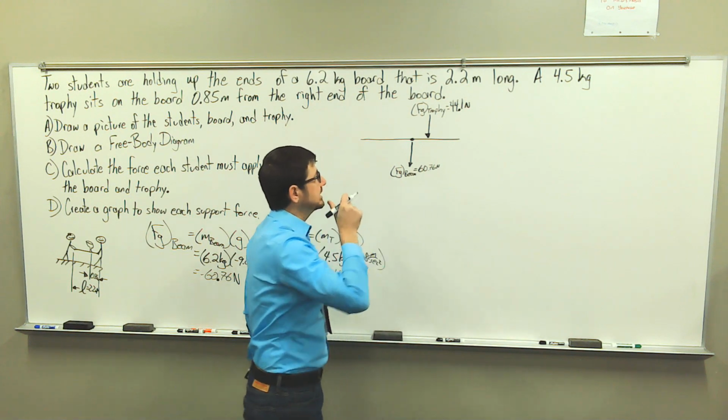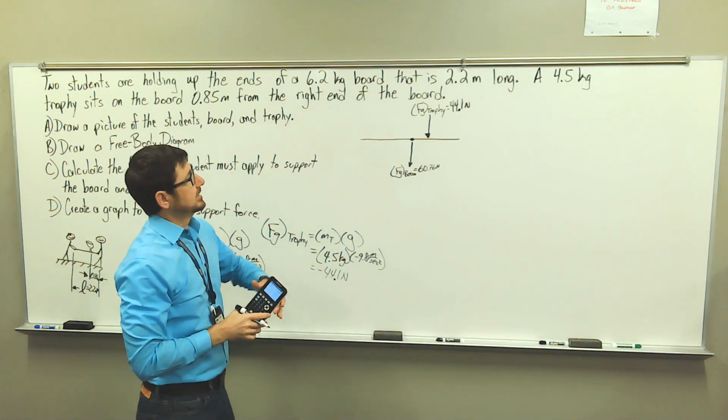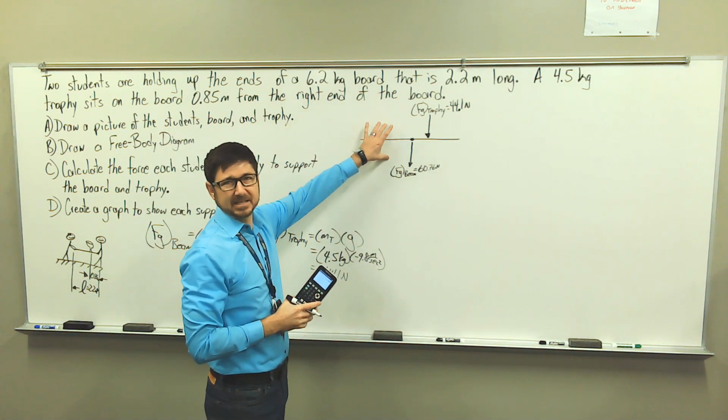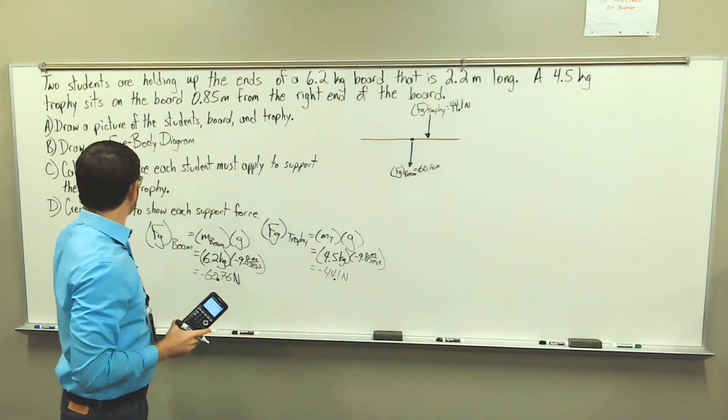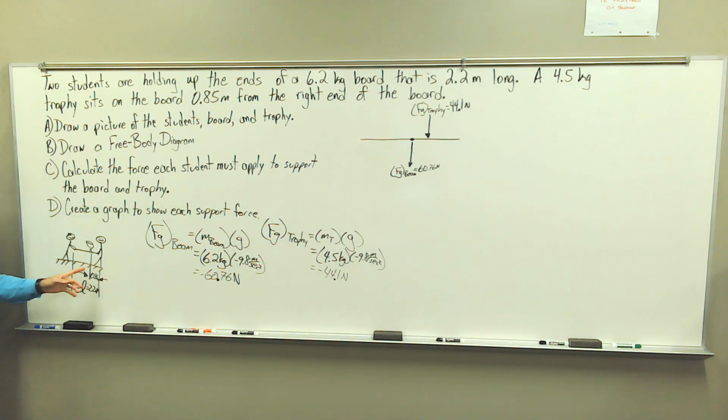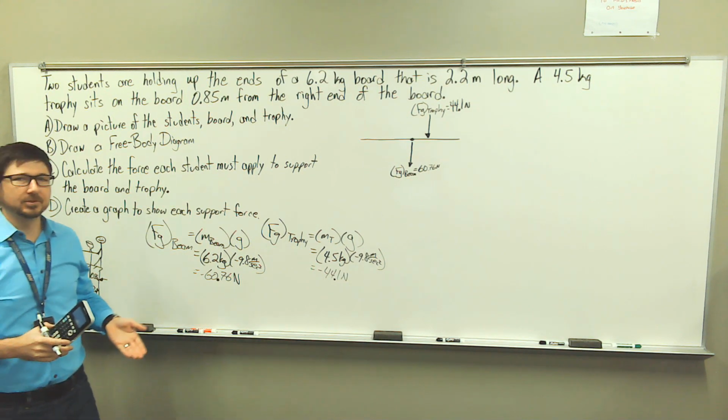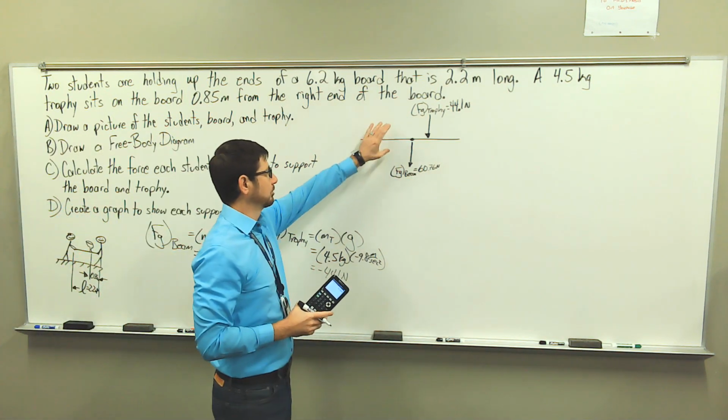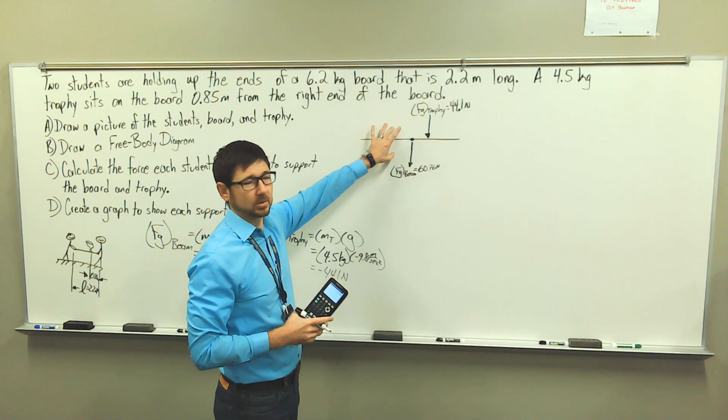Now, we need to ask ourselves, how is our beam being supported? Well, we drew a very simple picture right over here, and we have two students holding up the board. And so, our board is in a state of equilibrium.